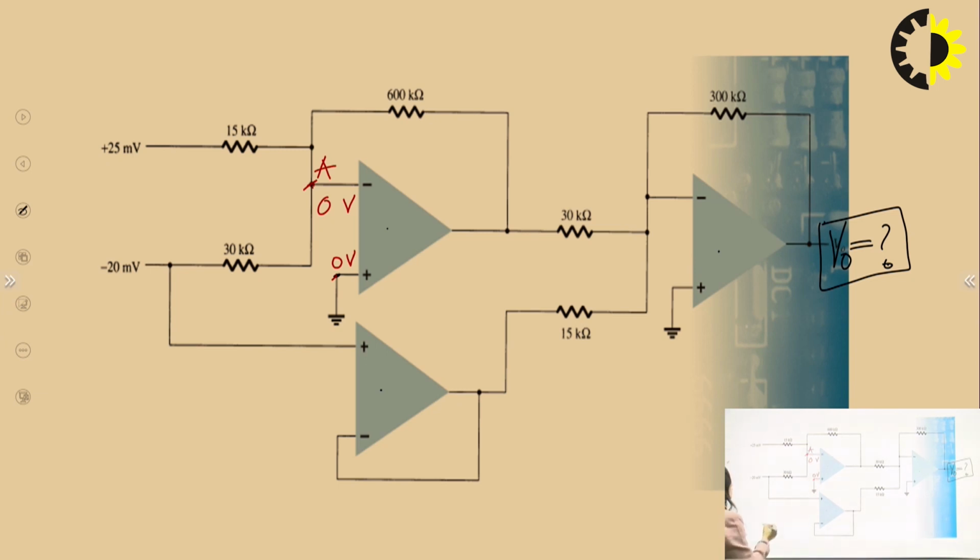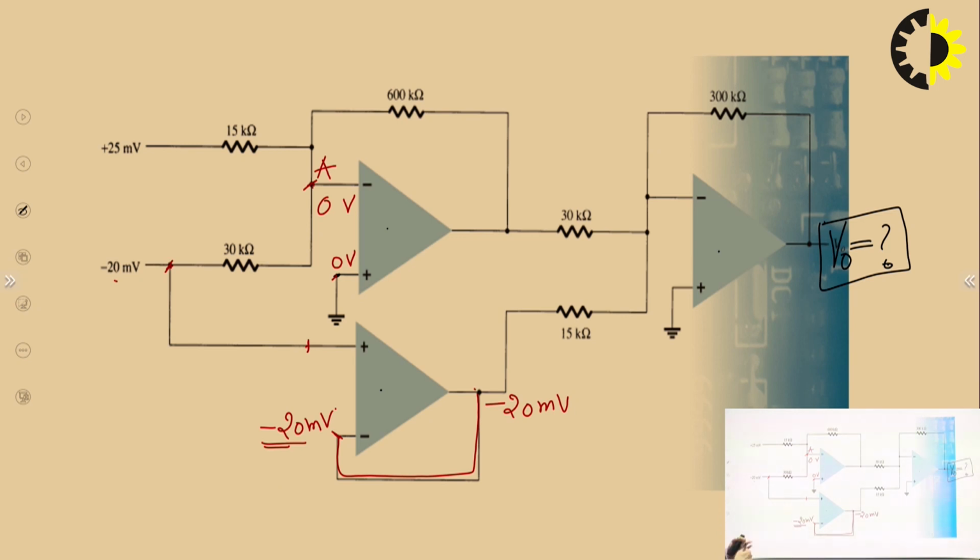I can see very clearly that minus 20 millivolt is the potential of this point, so this point potential is also minus 20 millivolt, right? If we see carefully, there is no resistance between these 2 points, so the voltage of this point is minus 20 millivolt.